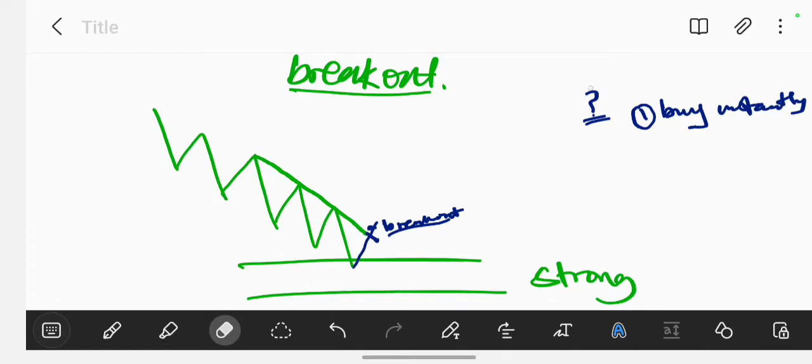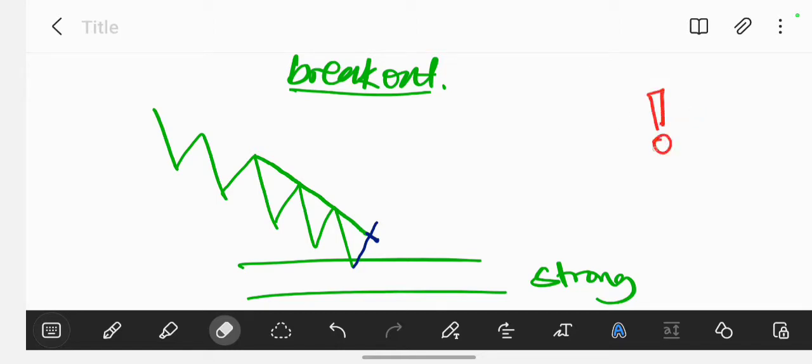Now the problem with buying like that, and I guess there's no perfect way of doing things, is that when you're placing your stop loss, it is very important to pick an area where the price is going to struggle to get to it. So if you are that trader that will just take a buy as soon as the price breaks the trend line, you can't take a buy and then put a stop loss there. This does not make sense.